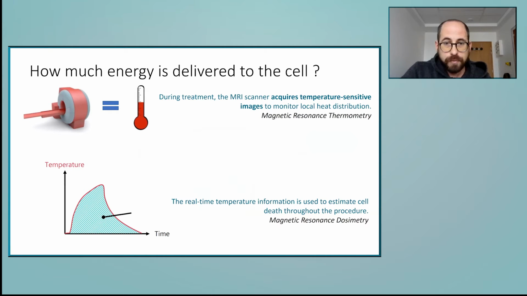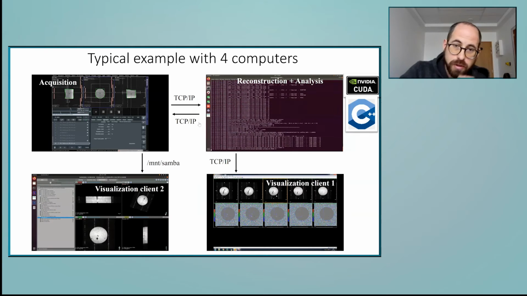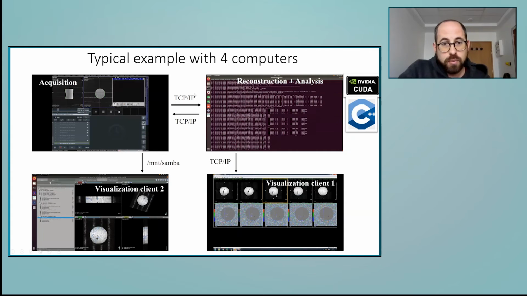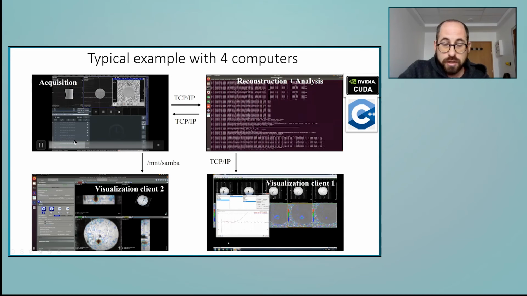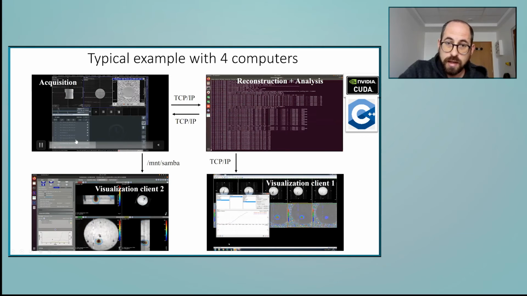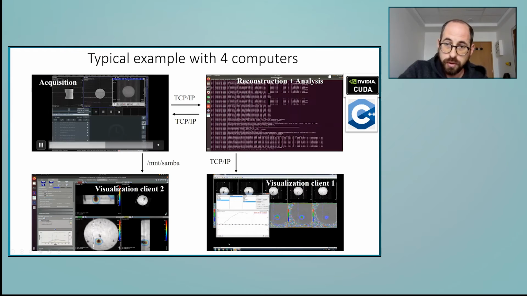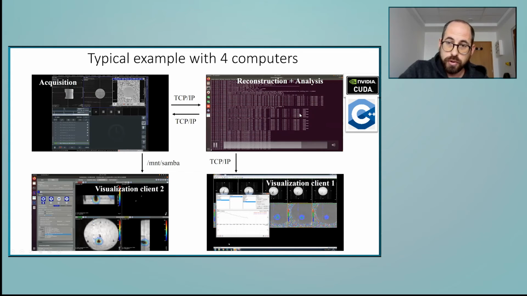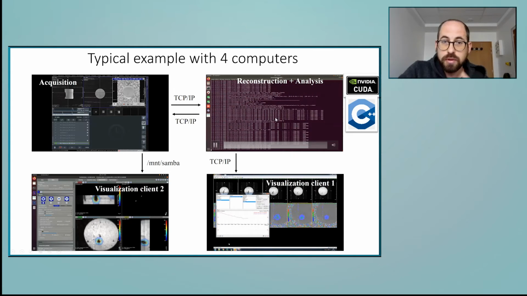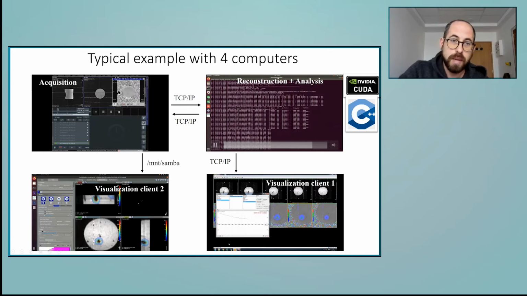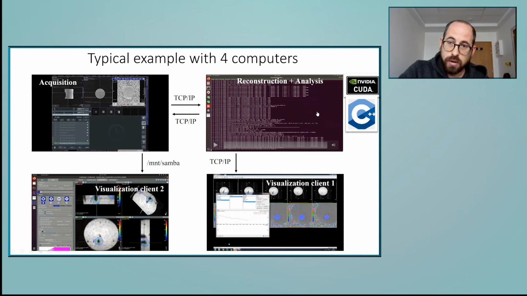Basically, I made another example where we are running the acquisition with an EPI sequence. We are sending the k-space to another computer. The computer is reconstructing the magnitude and phase images that are sent back to the MRI. And we also deal with the respiratory and cardiac motion with a nonlinear motion correction.